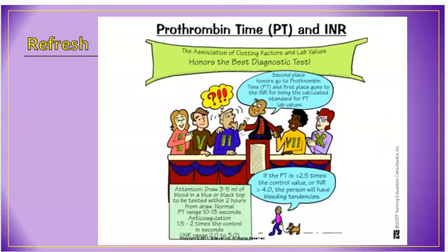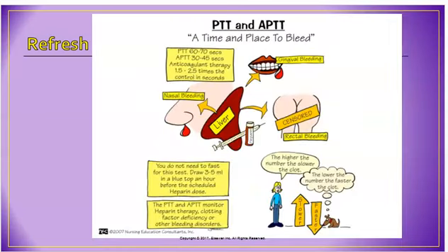Important labs for you to refresh about are the PT and INR. What causes these to be altered, not normal? Maybe medications, maybe a disease state. PTT and APTT, a time and a place to bleed. What causes this? This again is a refreshing slide from level 2.